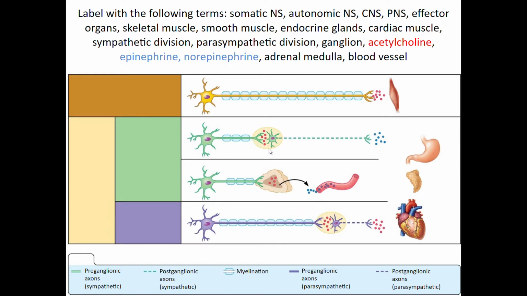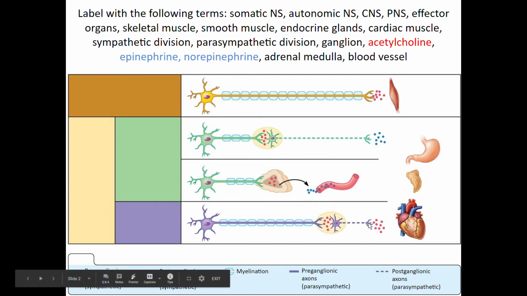So this ganglion is a bulge in the spinal nerve where this first neuron synapses with the second neuron, which then sends out a projection out to its target organ. Over here, same thing. This purple neuron starts out in the spinal cord, sends a projection to this ganglion, which is a bulge in the spinal nerve that connects this first neuron to the second neuron, which then goes out to its target organ.